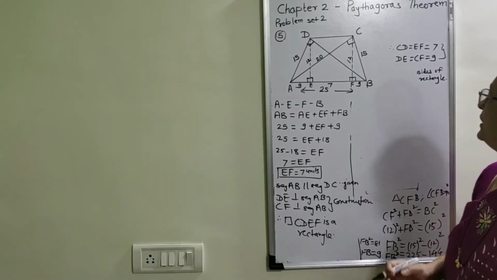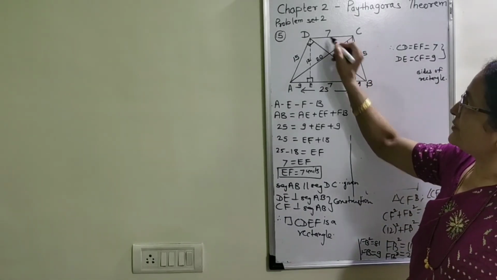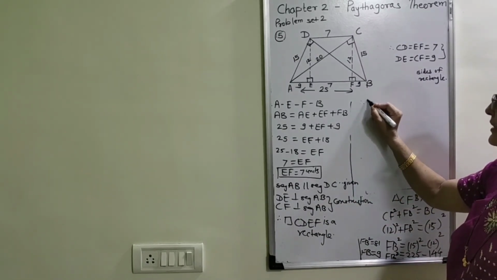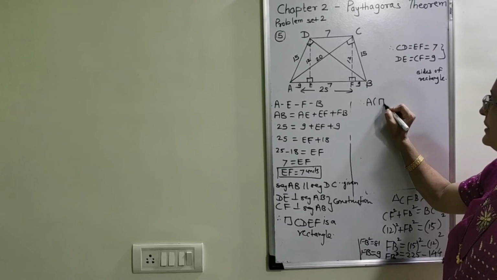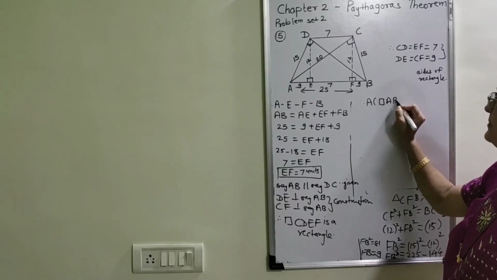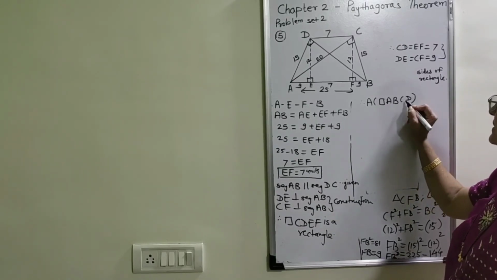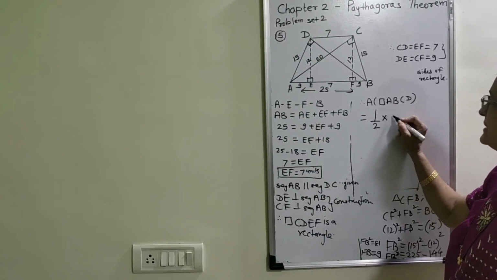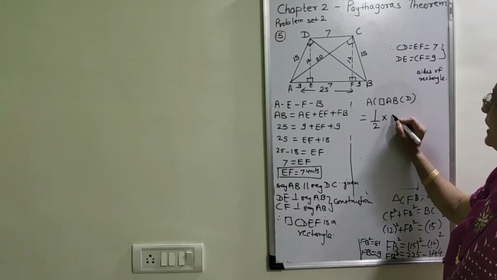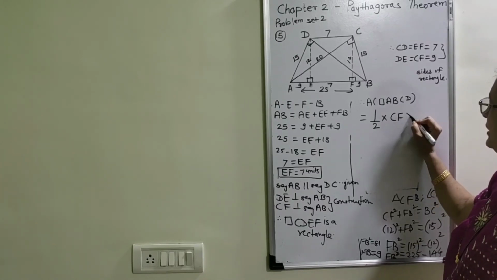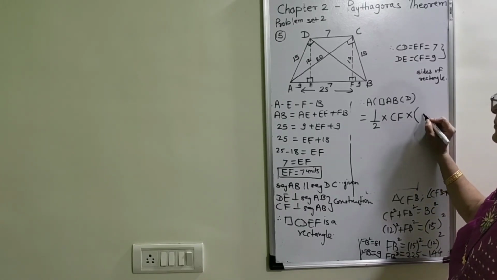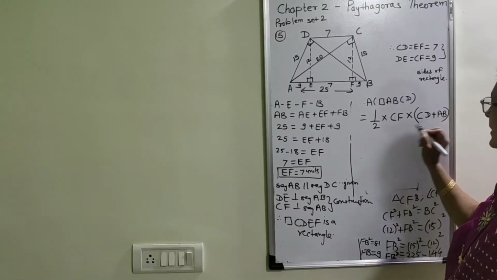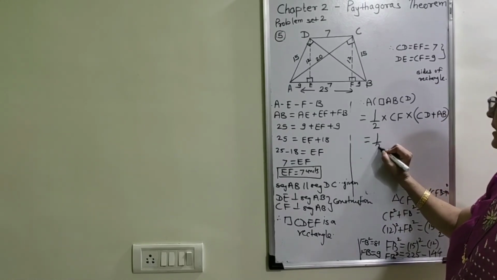Now DC is also 7. Now we will calculate the last step. Therefore, area of quadrilateral ABCD, which is a trapezium, is 1/2 height CF into the addition of the length of two parallel lines CD plus AB, which is equal to 1/2.